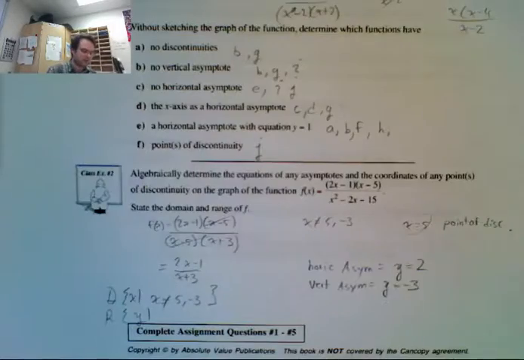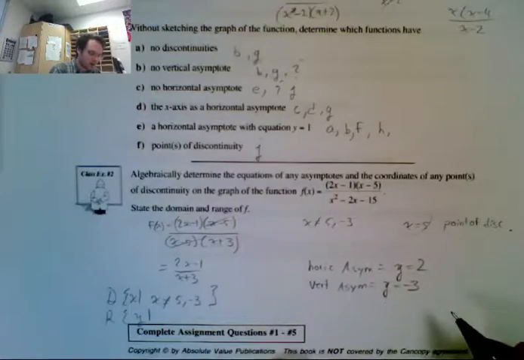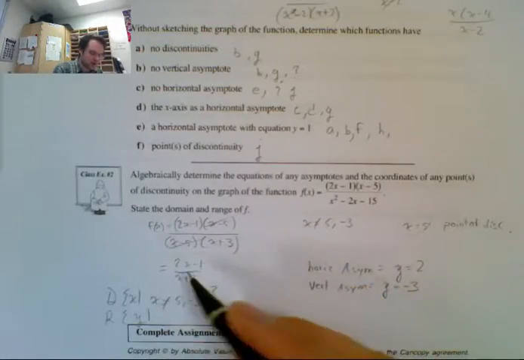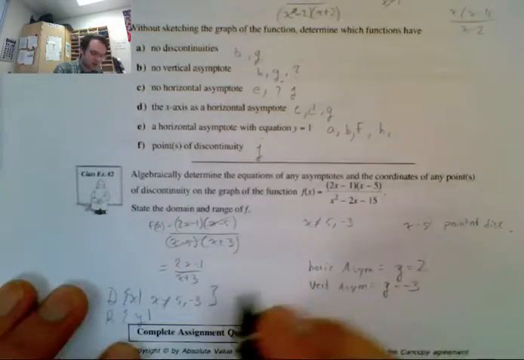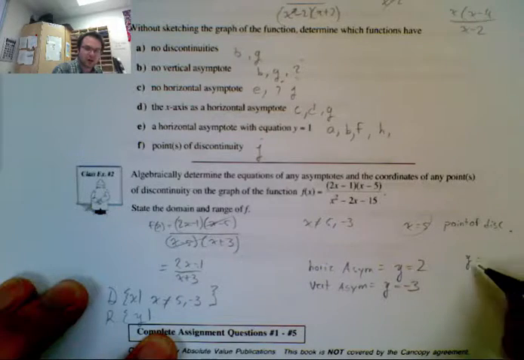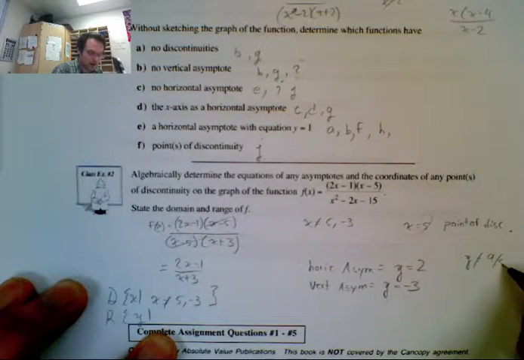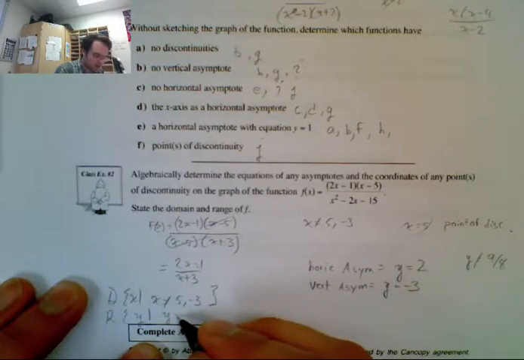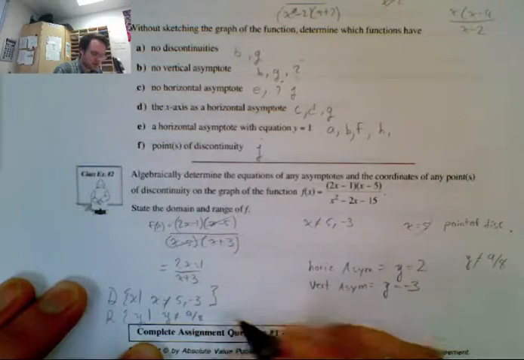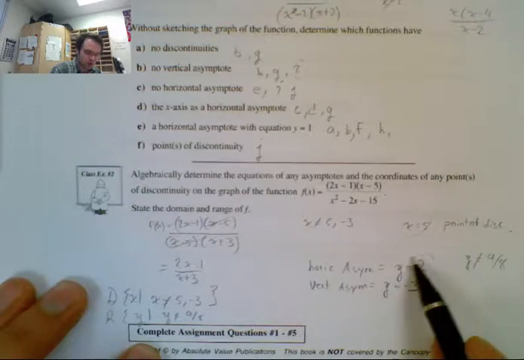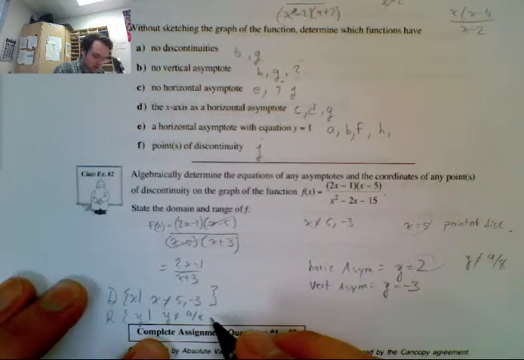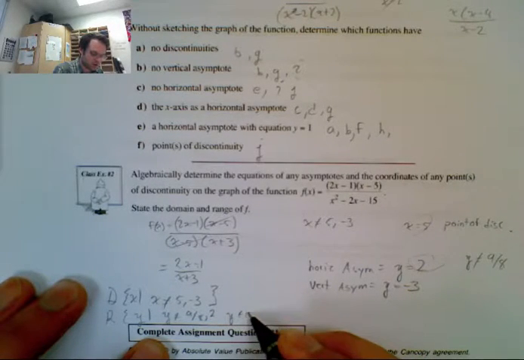It's when x is equal to 5, so I'm going to plug that in here. So if I have 5, that's going to be 9 over 8. So we also know that y cannot equal 9 over 8. And we also have here my horizontal asymptote is 2. So y cannot equal 2, and y is an element of all real numbers.